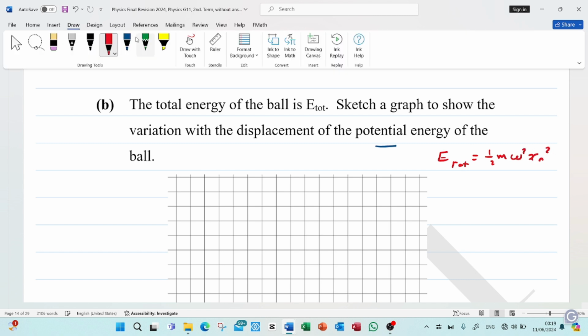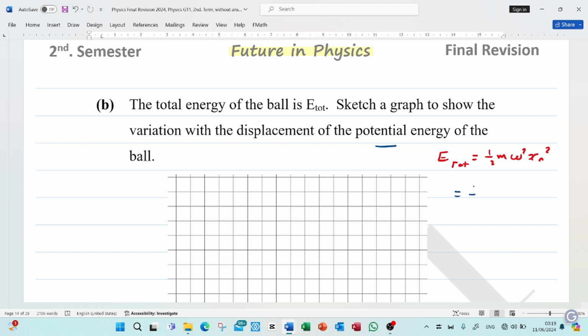So the total energy equals half, m is the mass which is given, 0.5, multiplied by omega, 10 pi over 3, squared, multiplied by x naught, the amplitude, 4 multiplied by 10 to the power negative 2, squared. The answer of this one is 4.39 multiplied by 10 to the power negative 2.